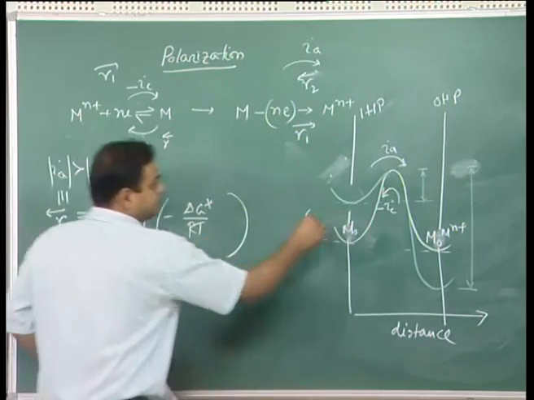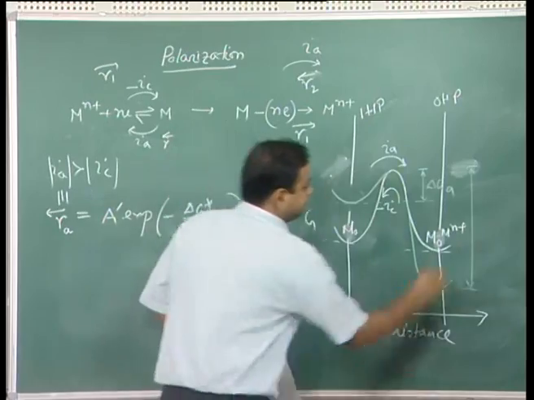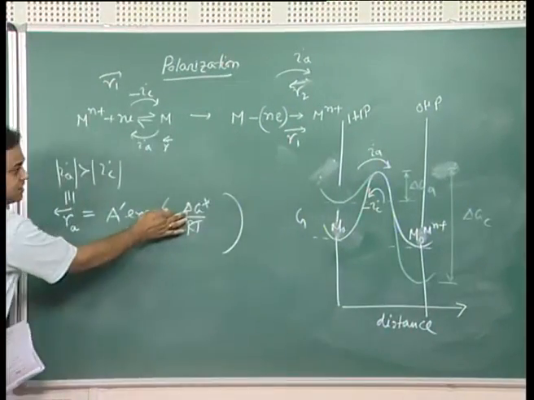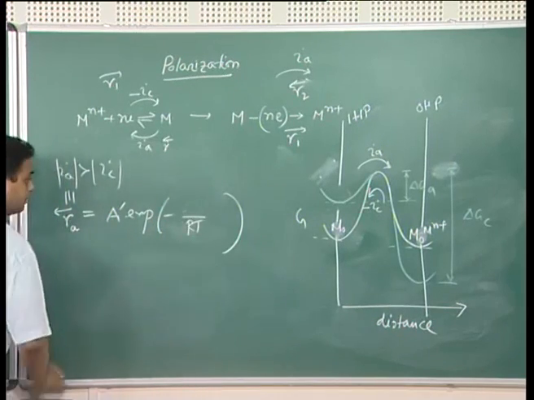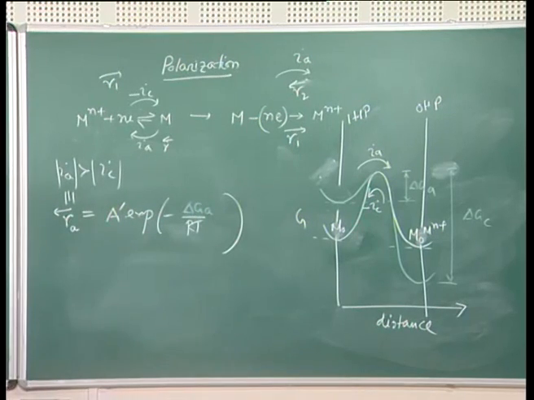Now, let me put this as del G A and this as del G C. So, instead of del G star I should put del G A. Let me consider only the IA value with respect to the anodic process.